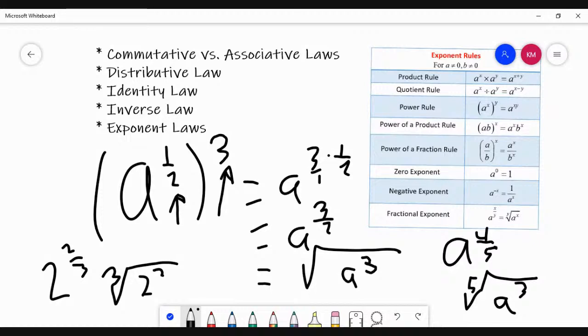If you see a root and it doesn't have a number, that is the square root, which is the opposite of squares. So A squared, its opposite is A to the 1/2, which is also known as the square root of A.